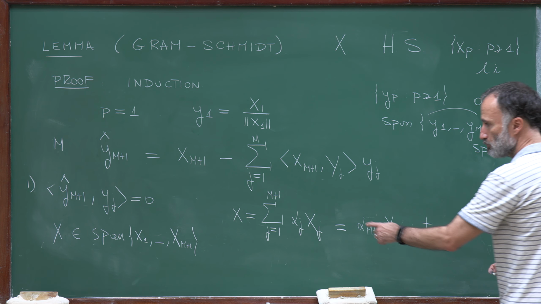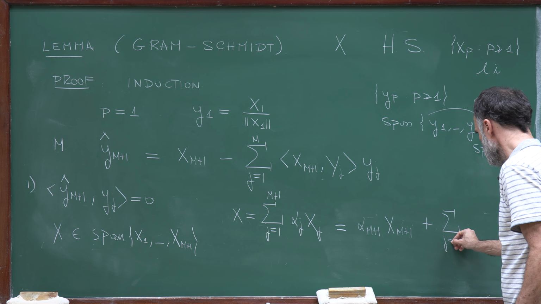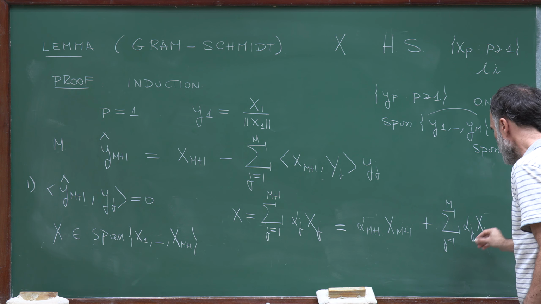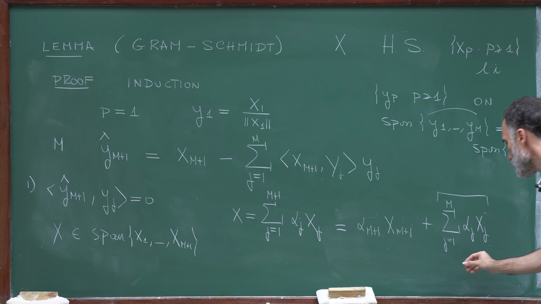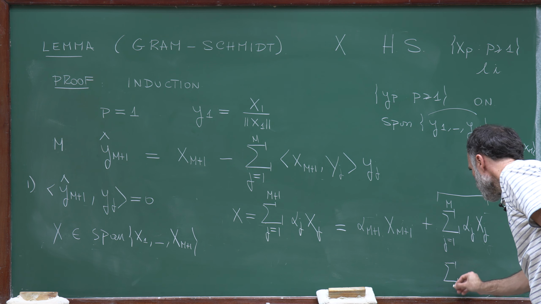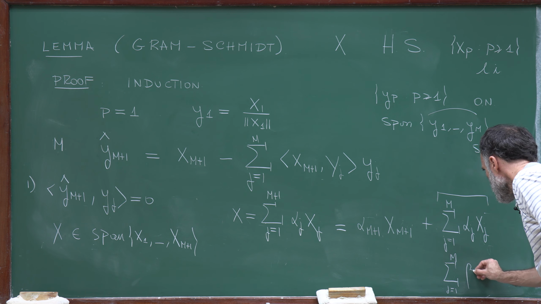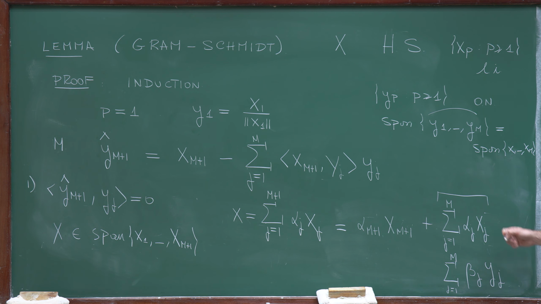But what remains here belongs to the span of x1 up to x_m. And by the induction assumption, this span is equal to the span of y1 up to y_m. So this means that I can express this vector as a sum of beta_j y_j, because the spans coincide.